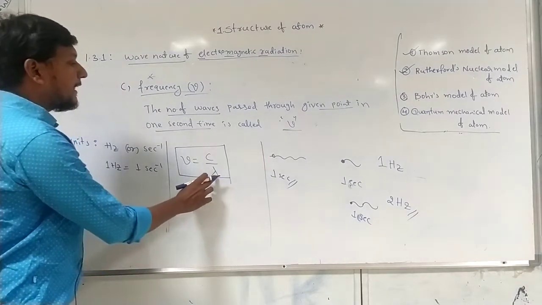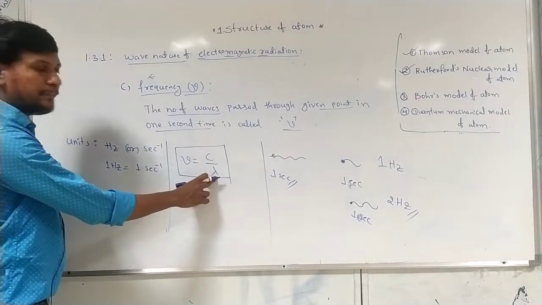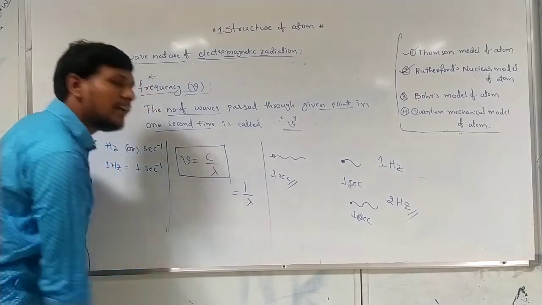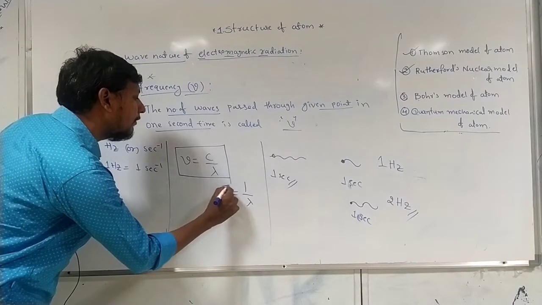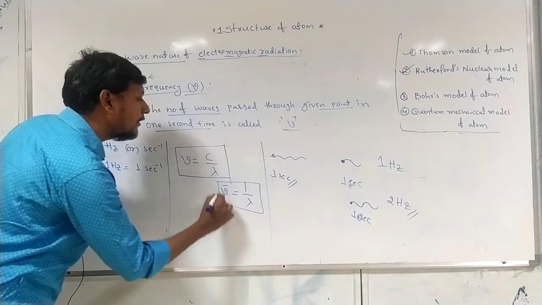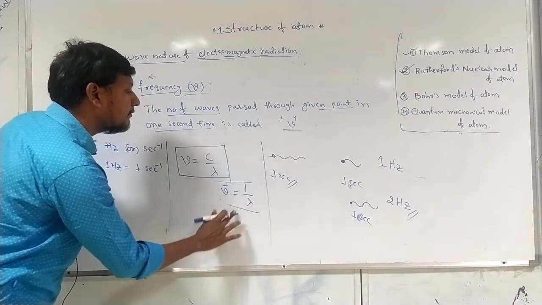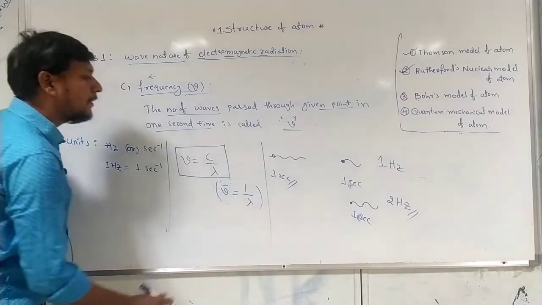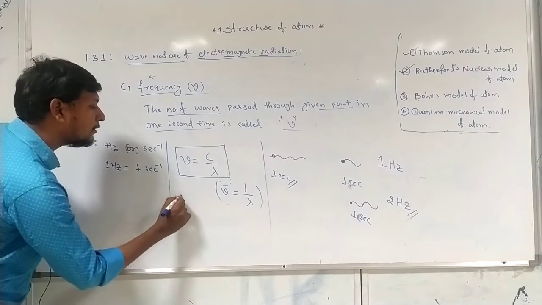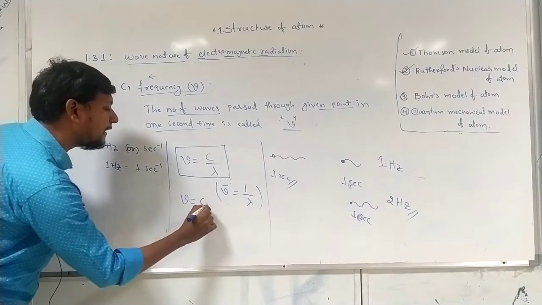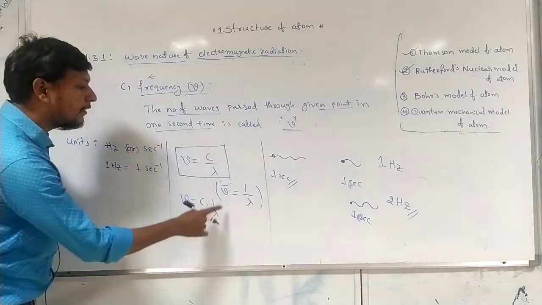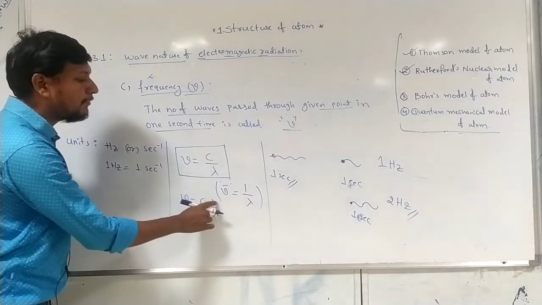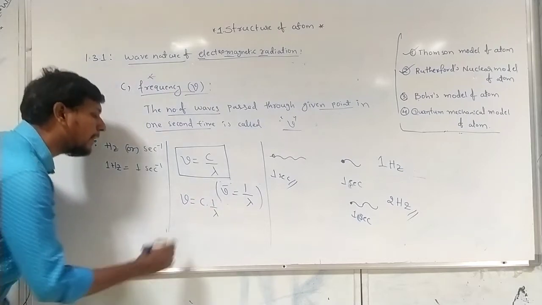The reciprocal of the wavelength is considered as what? It is considered as the wave number. We know this one. It can also be written as mu is equal to c into 1 by lambda. 1 by lambda, the reciprocal of wavelength, is nothing but the wave number.